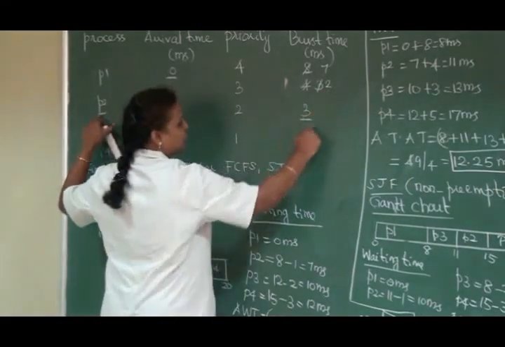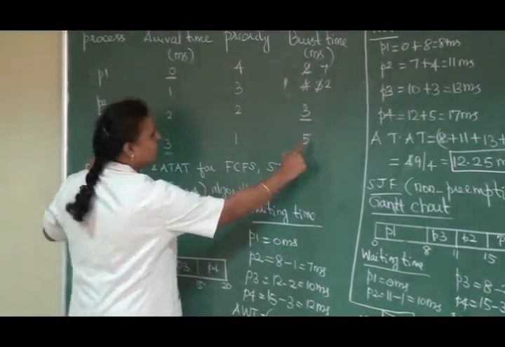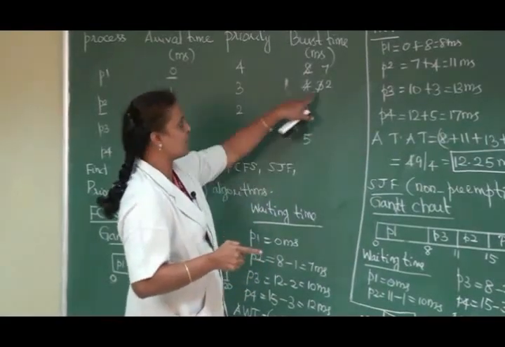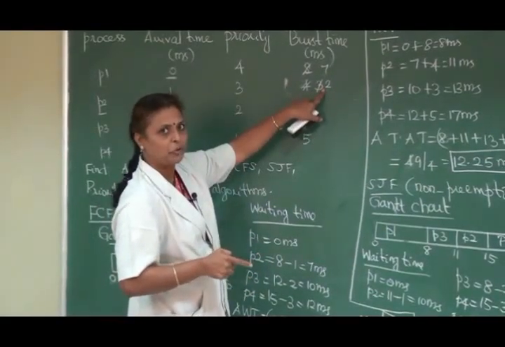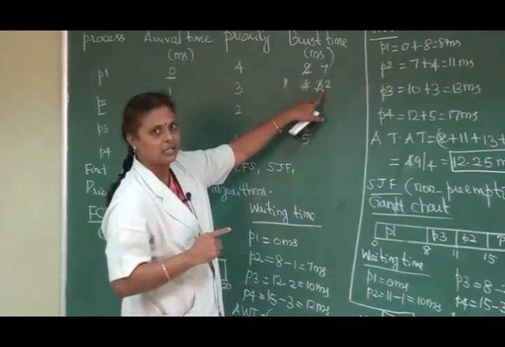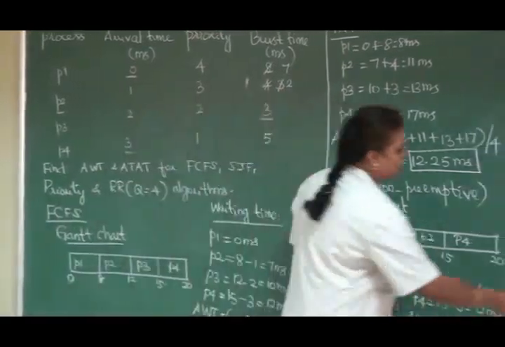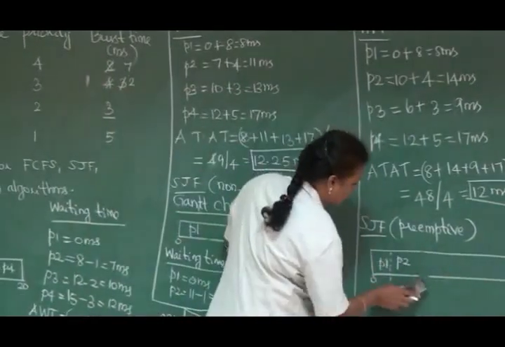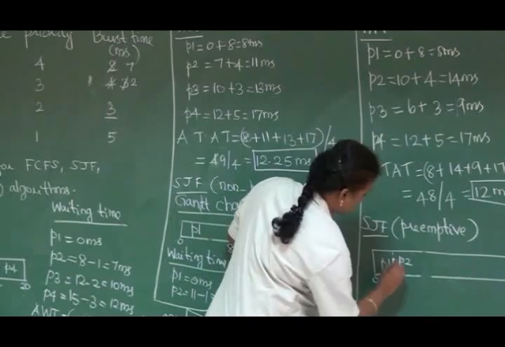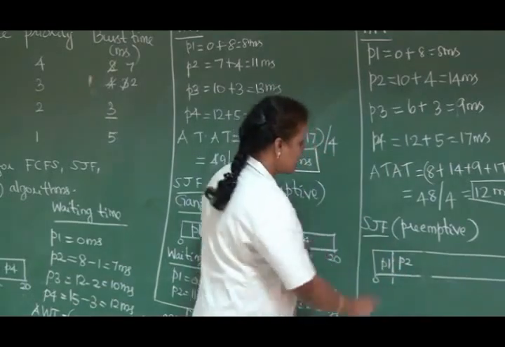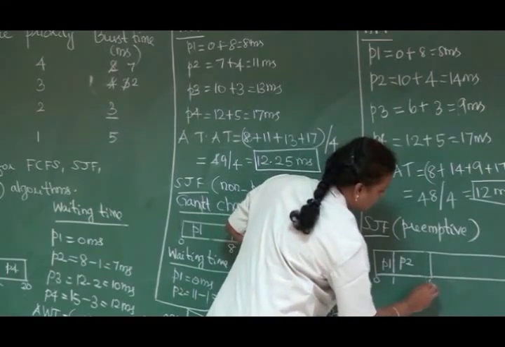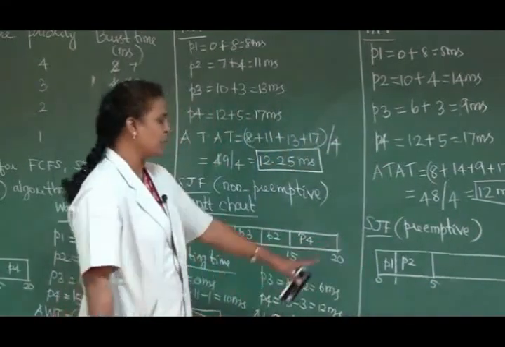The remaining burst time of P2 is compared with P4, and P4's burst time is 5, which is greater than the remaining burst time of P2. So P2 can continue its execution. So P1 is executed for only 1 millisecond, and P2 can continue its execution for 4 more milliseconds. Then this will become 5.